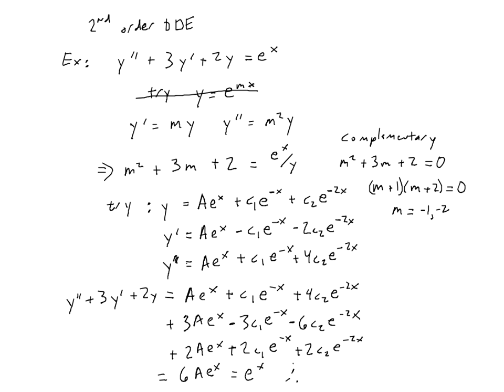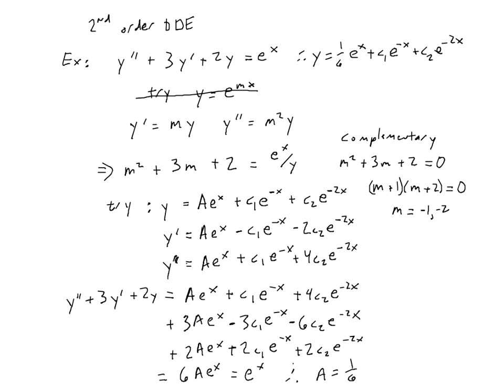So therefore, a must be equal to 1/6. And so if a is equal to 1/6, then you can go back to your original solution here, and you'll see that y must be equal to 1/6 e to the x plus c1 e to the minus x plus c2 e to the minus 2x. Okay?